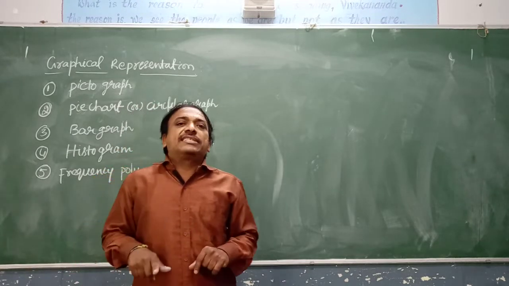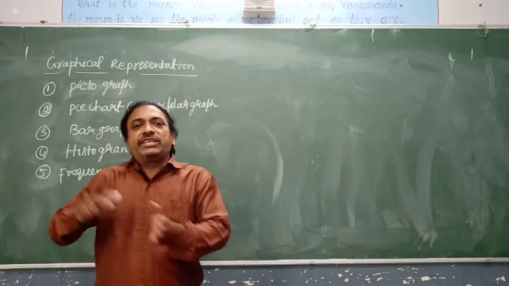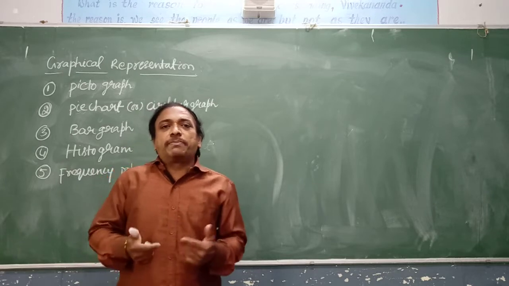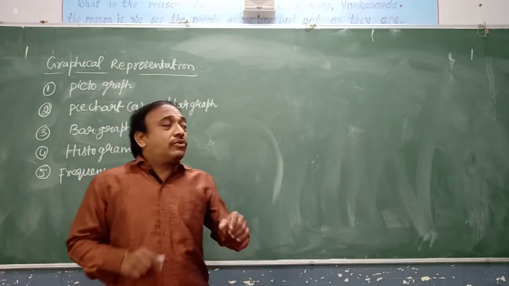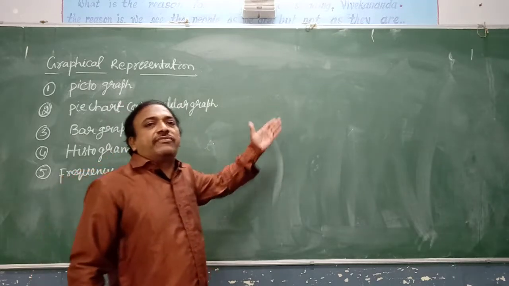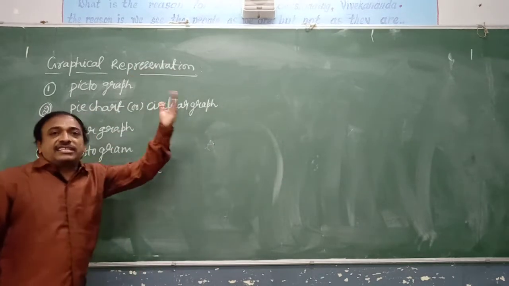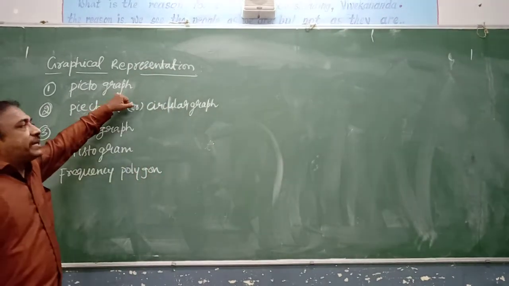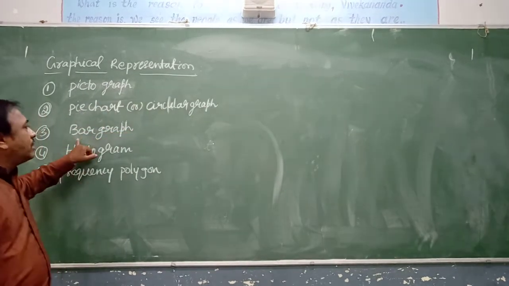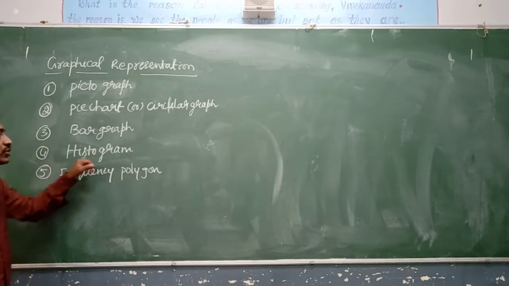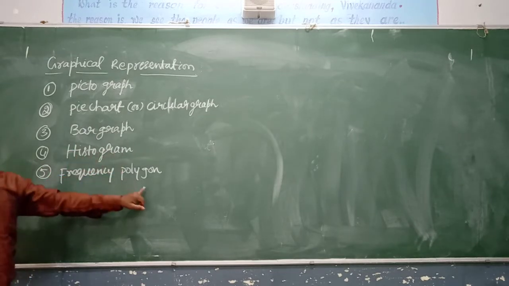But in earlier classes, we learned how to represent the same numerical data by using pictures. So these are different forms of representation. In earlier classes we learned pictograph, pie chart or circle graph, bar graph, histogram, frequency polygon.